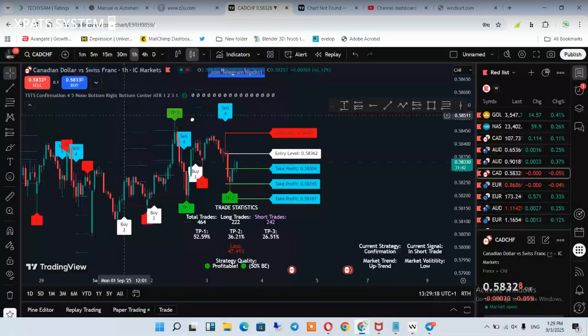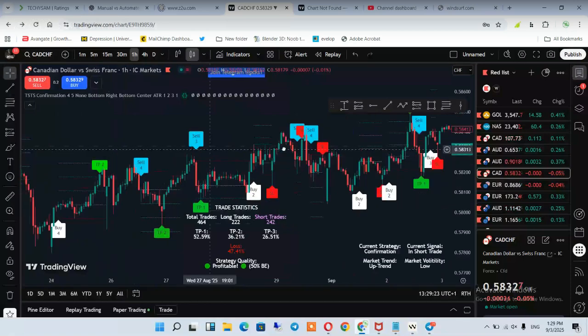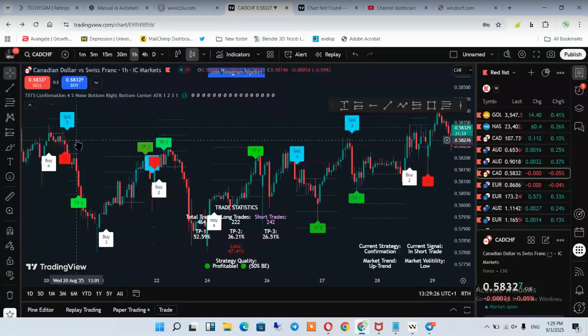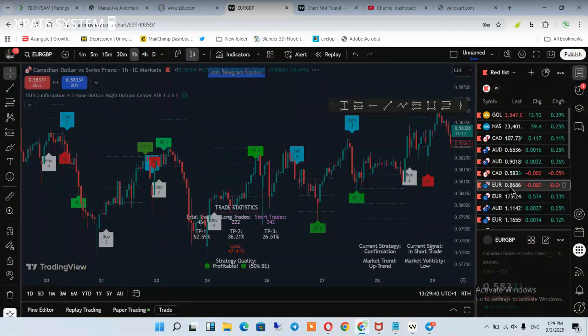Look at how many TPs are here, how many profits we are hitting. So the system works, but the trader is required to manage his emotions, because let's be honest, having a series of SLs would make you want to doubt your system. Whatever system it is, if you have a series of SLs, you most likely will want to doubt it.